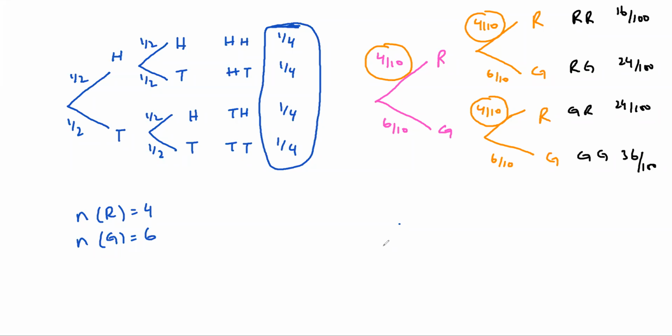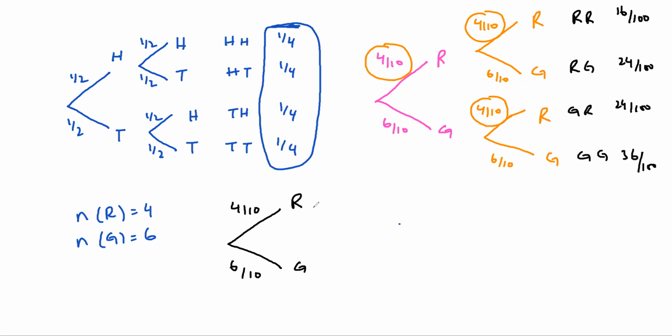Now, suppose you are not replacing the ball once you have picked the first one, and when you're going to pick the second ball, you are not going to replace that. So the first experiment would have the same probability. This is 4 over 10. This is going to be 6 over 10. Okay.